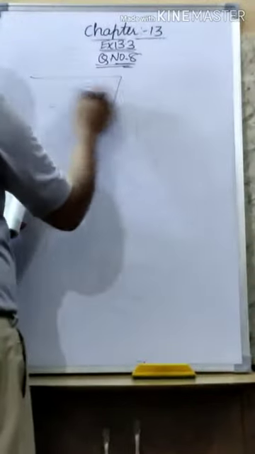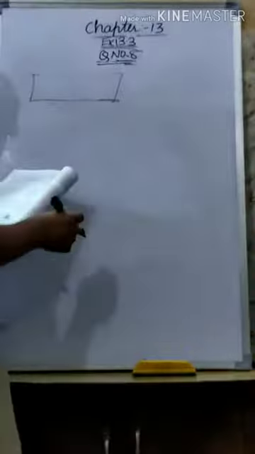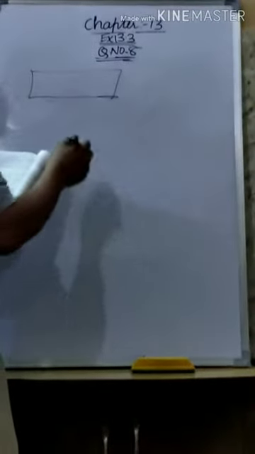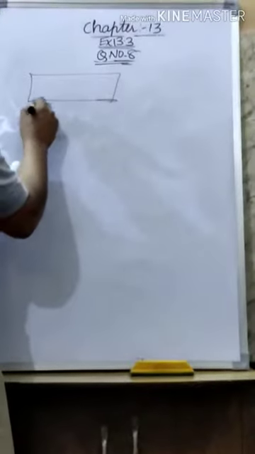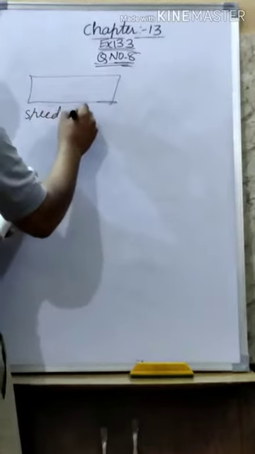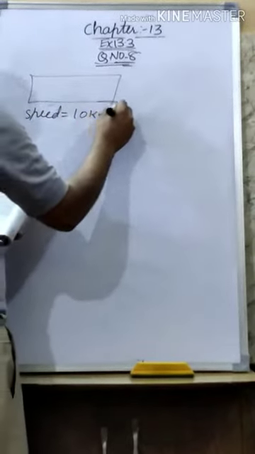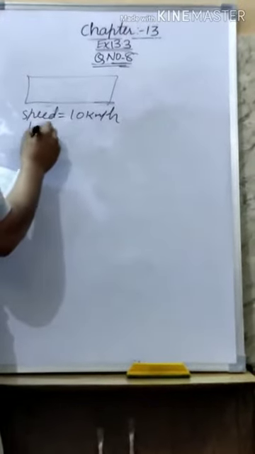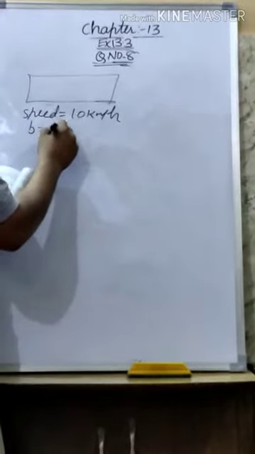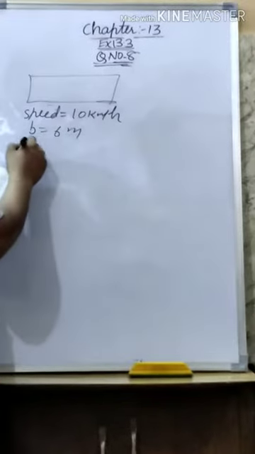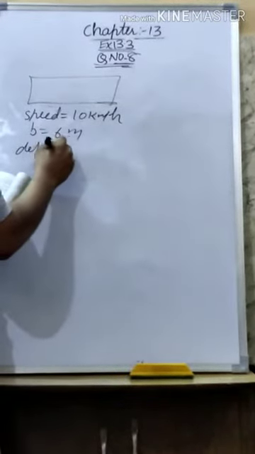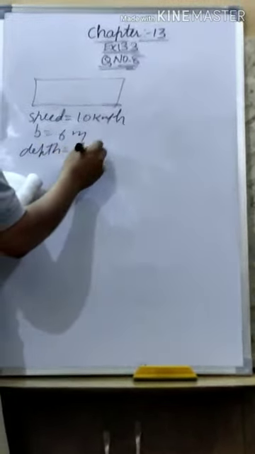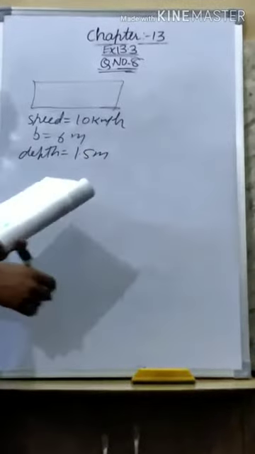Water in a canal, hear this, is flowing with a speed. What is the speed of water? Speed of water is 10 km per hour, and then 6 meter wide. So width is 6 meter and then depth of water is 1.5 meter.